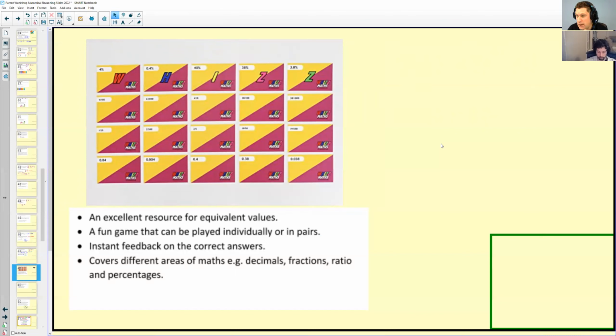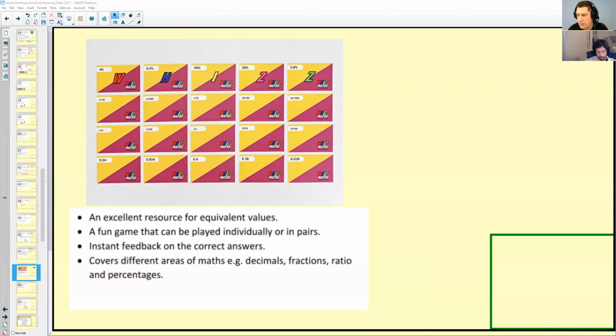We've suggested it in the verbal reasoning workshop for synonyms and antonyms, but they also do a version for equivalent values, about matching up things like percentages, fractions, decimals. It can be very good fun, but also very valuable for children to learn about equivalent values, pairing them up.